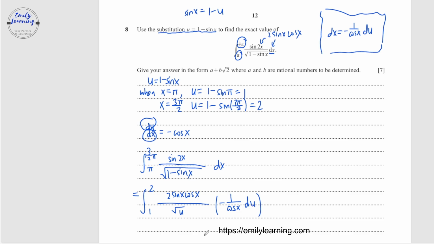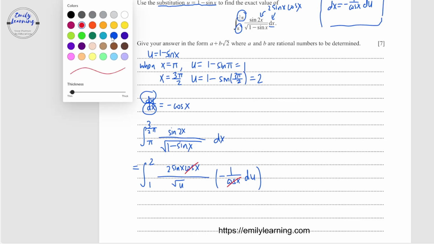Then what you're left with, you cannot directly substitute away. Here you can substitute away 1 minus sine x or sine x easily, but cosine x is not so easy to substitute away. So you see whether you can cancel from here. Yes, we can. So we do not need to do anything extra to make cosine x in terms of u.